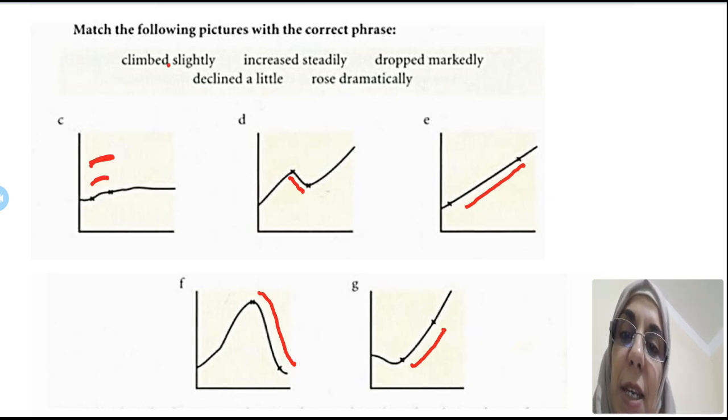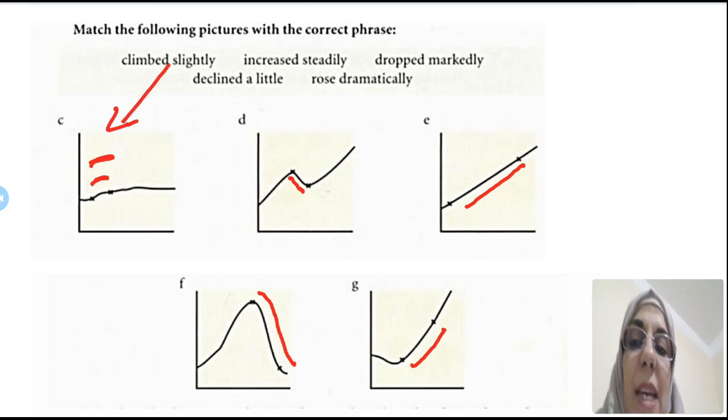So it is this, climbed slightly. Now D, here there is a downward movement from the top to the bottom, but how is this movement? It's a small decline, so it is declined a little.